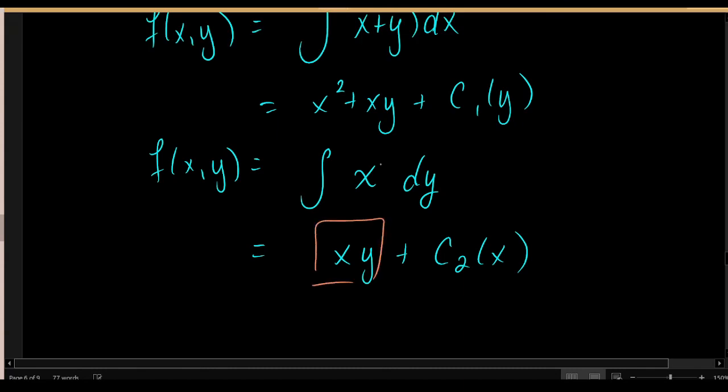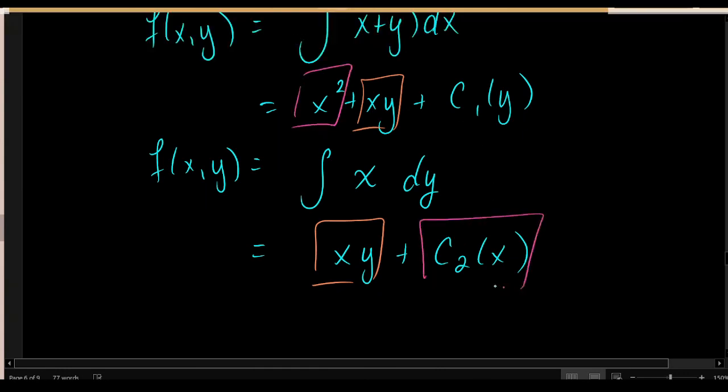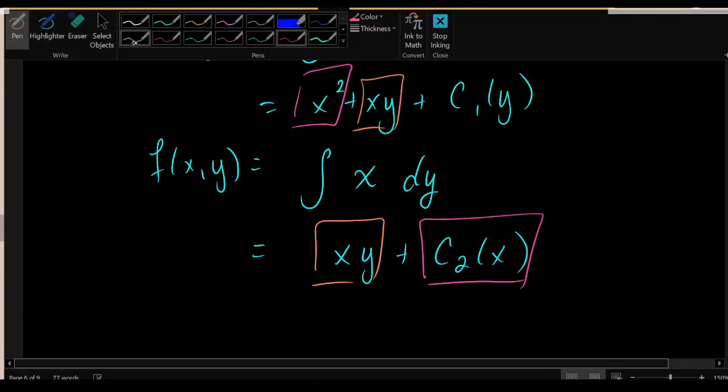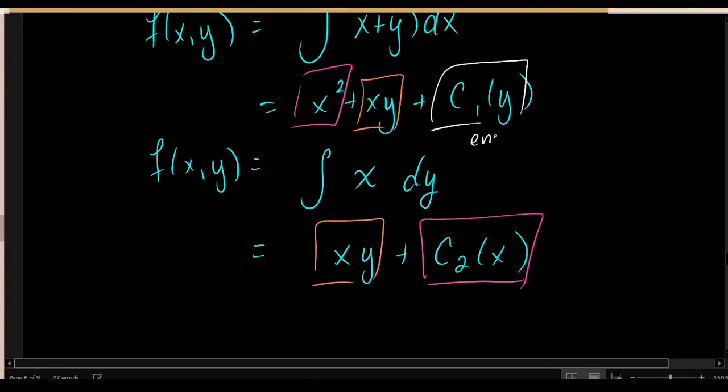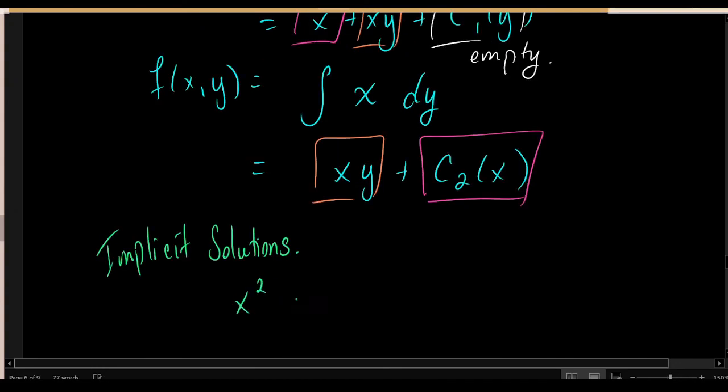So if we match these two representations, x squared getting paired with c2 of x, and c1 of y being empty, because there are no purely y terms in the second representation, then we could find the following implicit solution: x squared, the x term, plus the mixed term xy is equal to a constant, maybe call it c.